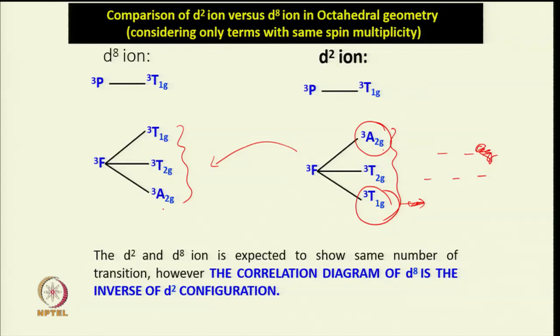So d2 and d8 ions are expected to show the same number of transitions. However, the correlation diagram of d8 is the inverse of the d2 configuration, because the different terms have different energies. Now 3A2g is lowest in energy, whereas 3A2g is highest in energy for d2 configuration.